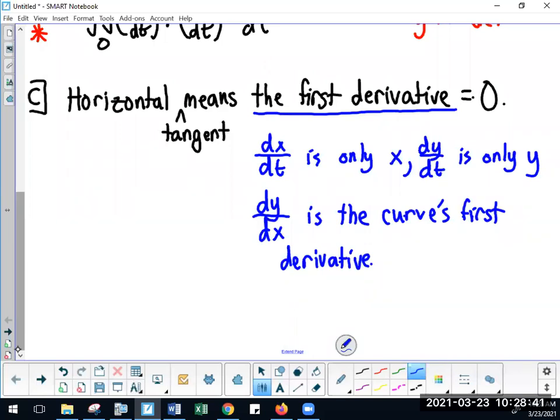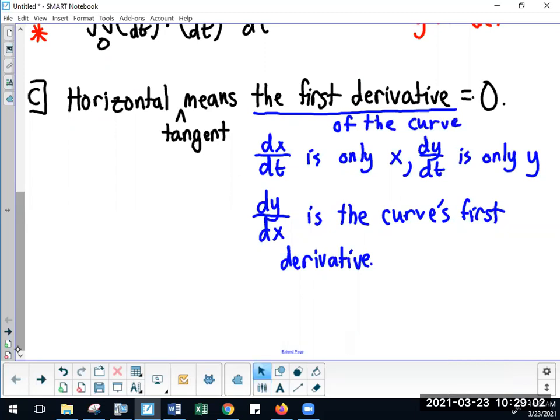Another one of the big differences, the speed calculation. Another one of the big differences just slipped my mind. Hopefully it will come back to me soon. But the first derivative of the curve, because the curve represents the graph. So be really, really cautious when you start throwing around derivatives.